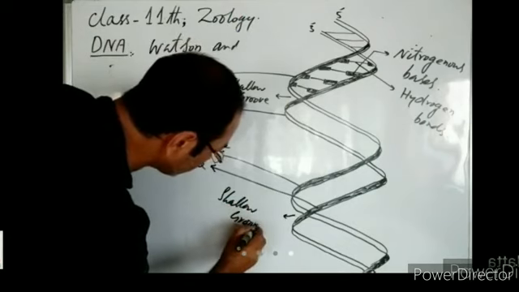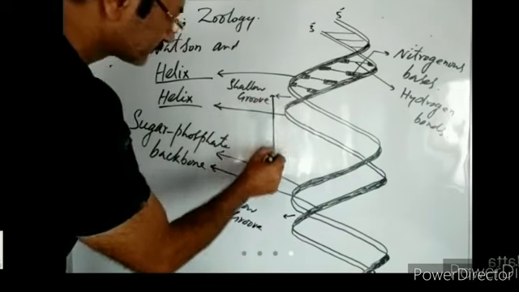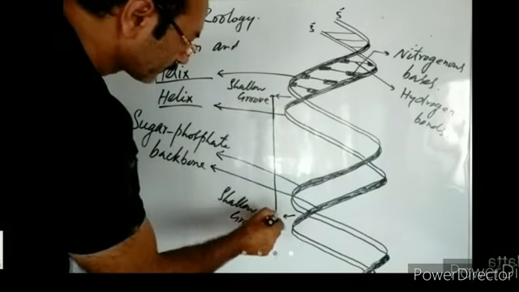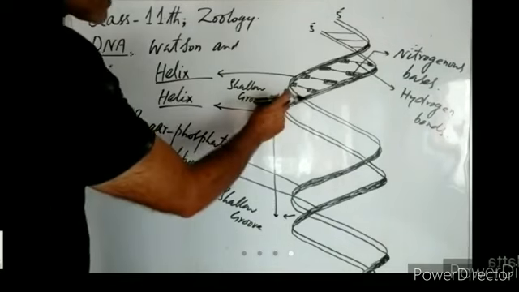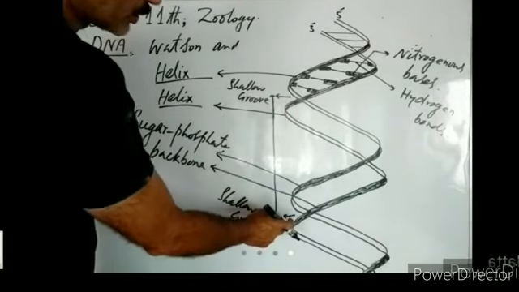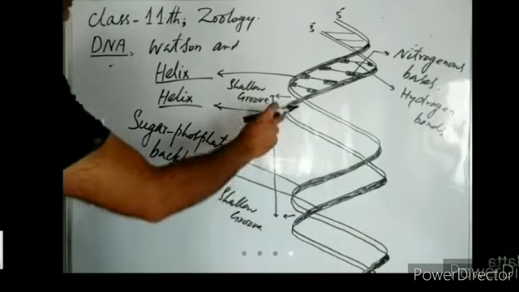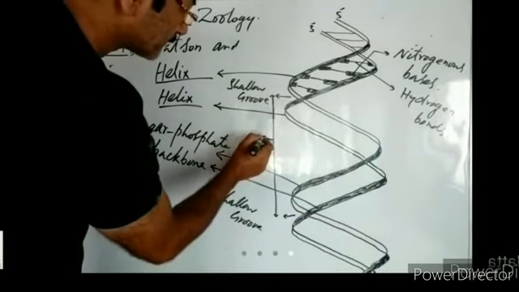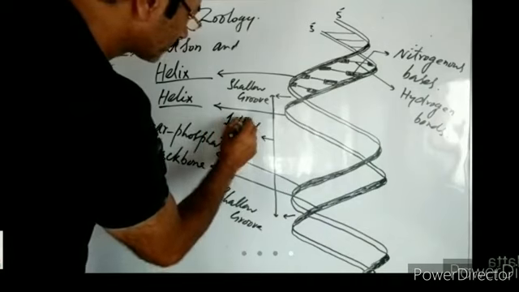This is another shallow groove. The distance between two shallow grooves is known as one pitch. This length of DNA from one shallow groove to another shallow groove, or from one deep groove to another deep groove, is known as one pitch.